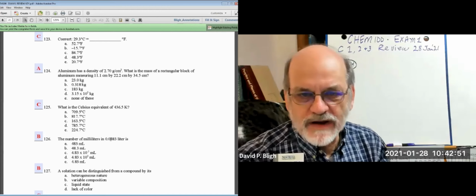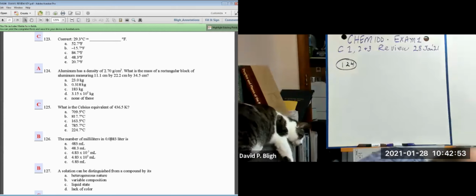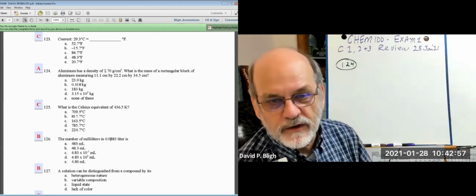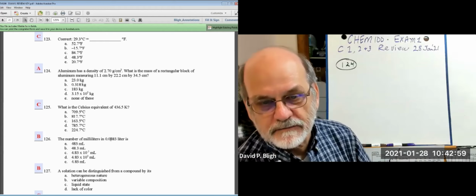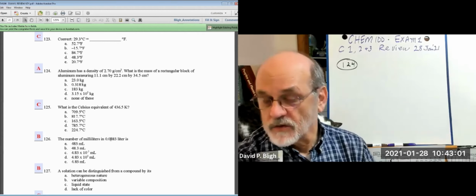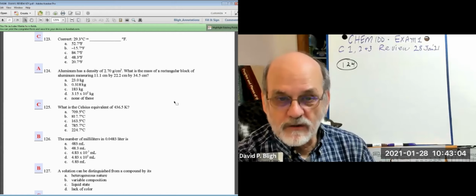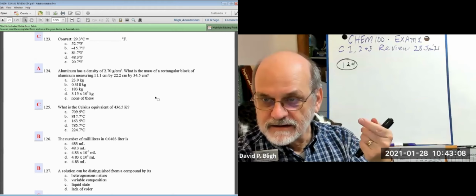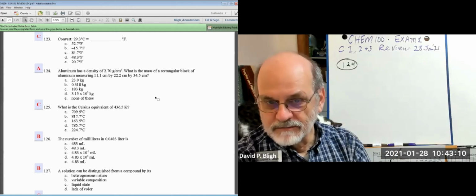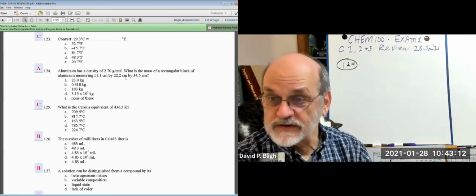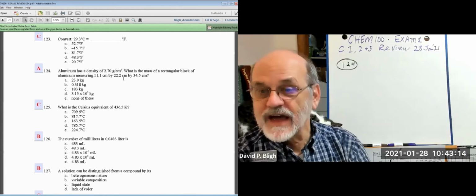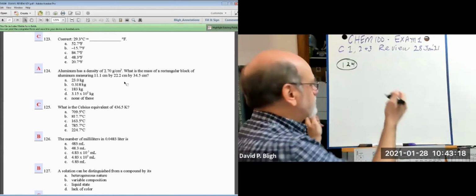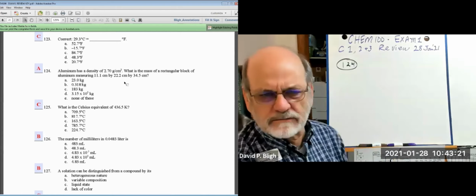What's the mass of a rectangular block of aluminum measuring 11 centimeters by 22 by 34.5 centimeters? Okay, in this case, we don't do it by displacement. We have a regular solid. So we need height, width, depth. Multiply the 3 together and you get cubic centimeters. So that's how you determine the volume of this block. So what's the question?